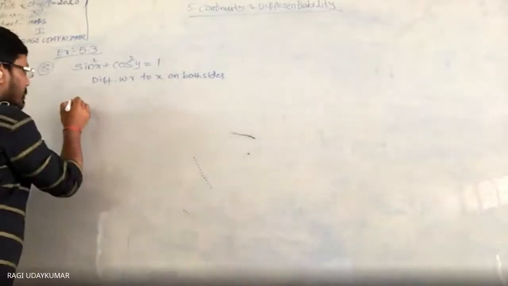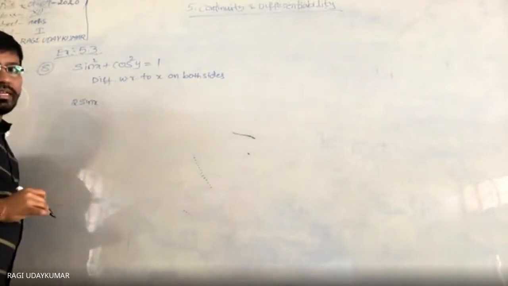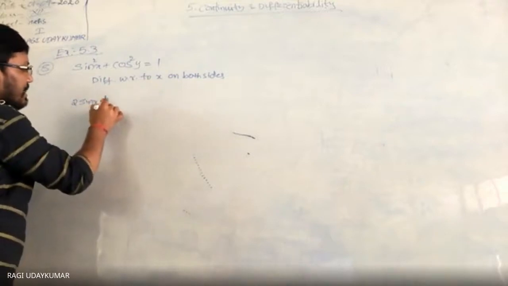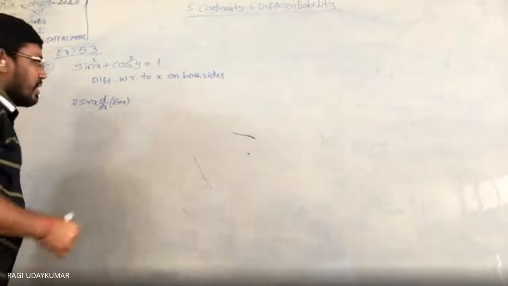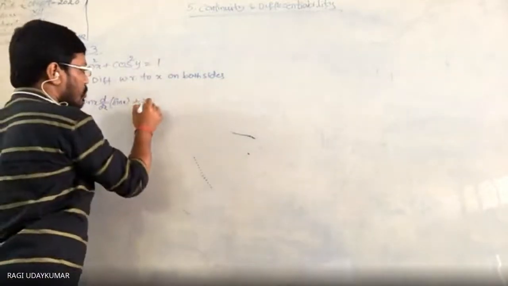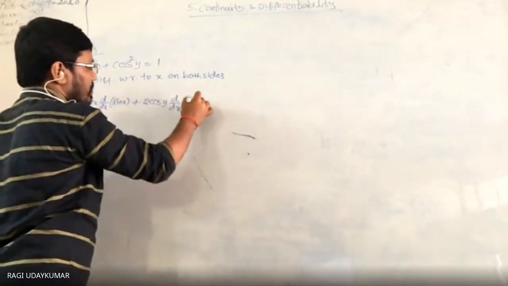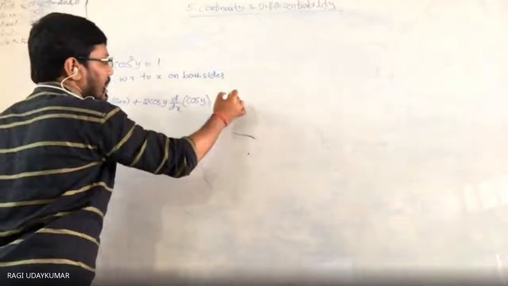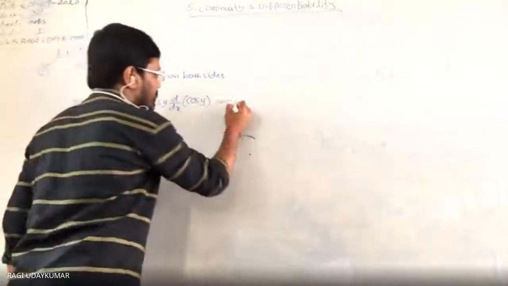So the differentiation of sine square x will be 2 sine x, and again d by dx of sine x, plus the cos square y differentiation will be 2 cos y and d by dx of cos y, and the differentiation of the 1 with respect to x will become 0, the differentiation of a constant.